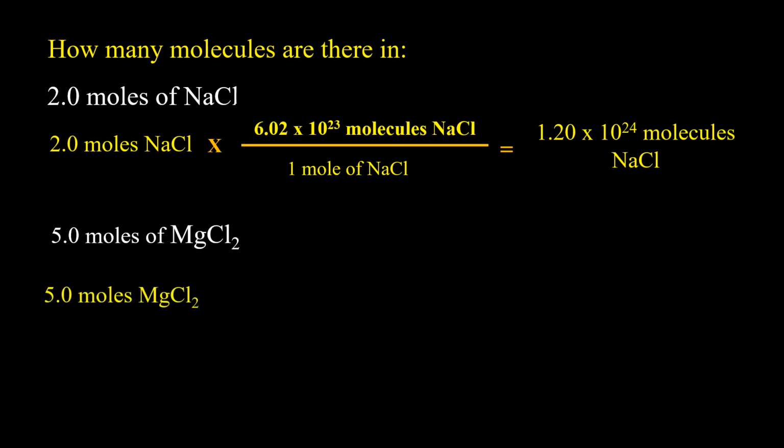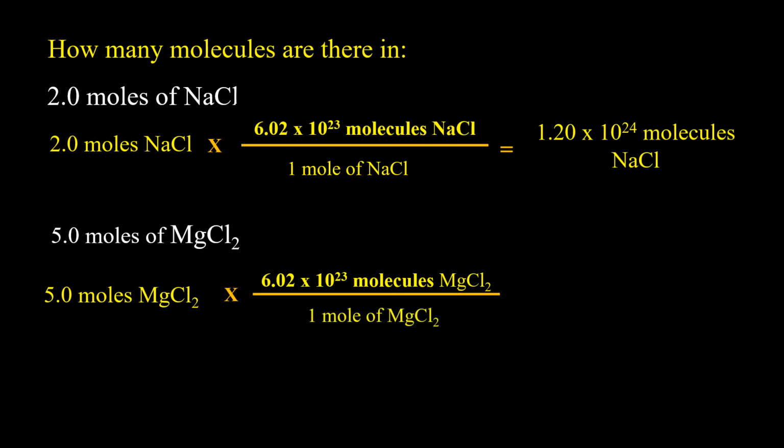First, write the given value: 5.0 moles of magnesium chloride multiplied by Avogadro's number, 6.02 times 10 raised to 23 molecules in 1 mole of magnesium chloride. So what's your answer? Let's see if we have the same answer. The final answer for this is 3.01 times 10 raised to 24 molecules of magnesium chloride.